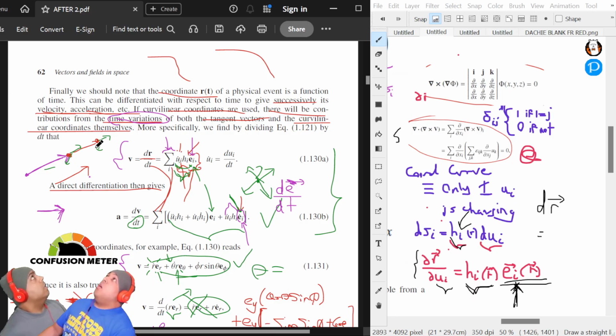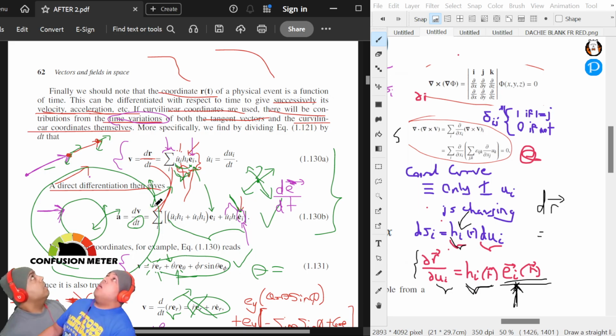I think this, circle, bigger circle, arrow, arrow, arrow, circle, circle, circle.